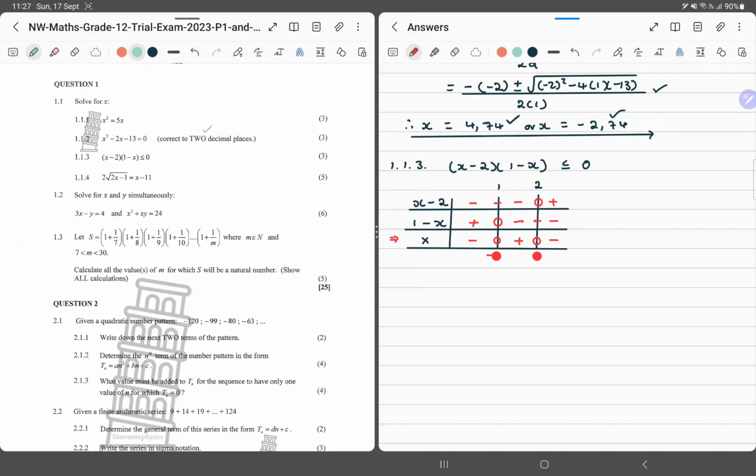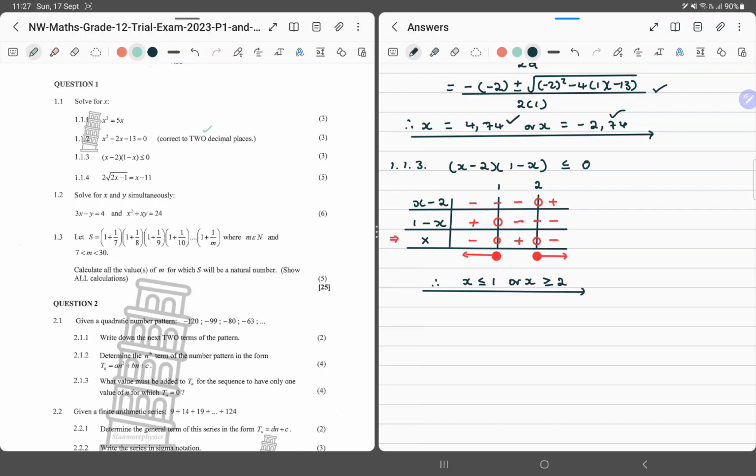And we see now that the negative side is in that direction and also in that direction. So we make a conclusion that x must be less than or equal to 1, or x must be greater than or equal to 2. That's the solution to the puzzle.